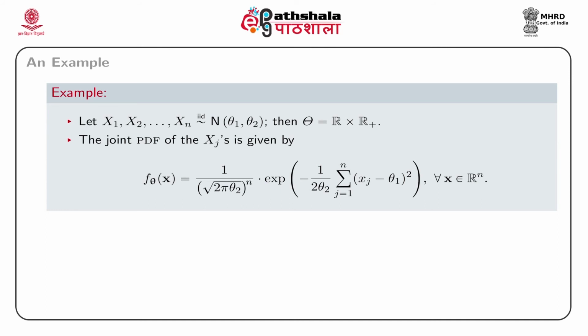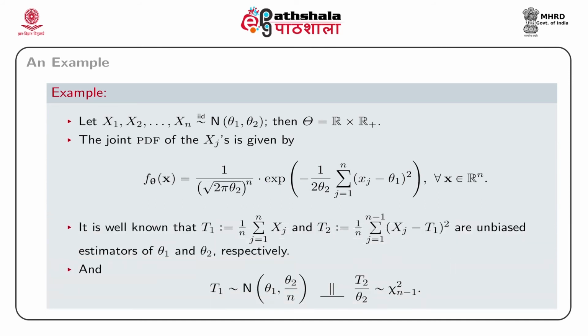Now we know that capital T1 equals x bar and capital T2 equals s square are unbiased estimators of theta 1 and theta 2 respectively, where x bar equals 1 by n summation over i from 1 to n of x_i, which represents the sample mean, and s square equals 1 by n minus 1 summation over i from 1 to n of (x_i minus x bar) whole square, which represents the sample variance.